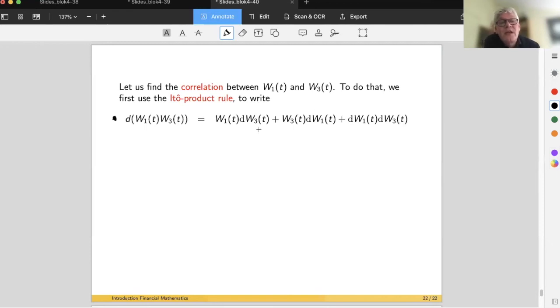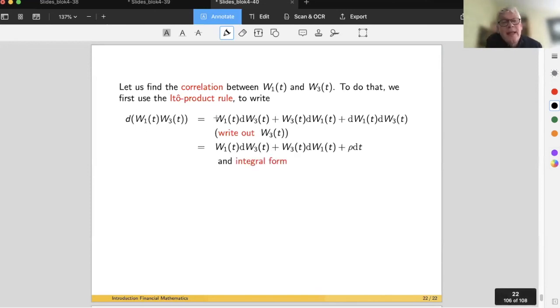Now let's substitute for dW3 its definition. So the first term is W1_t dW3_t plus W3_t dW1_t.